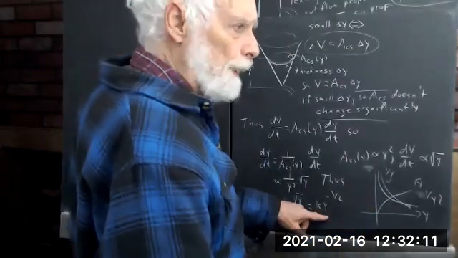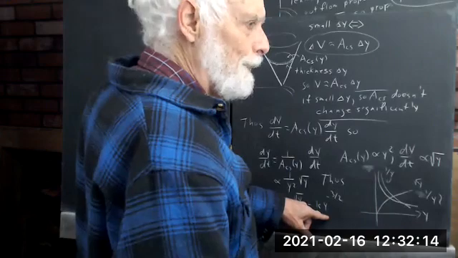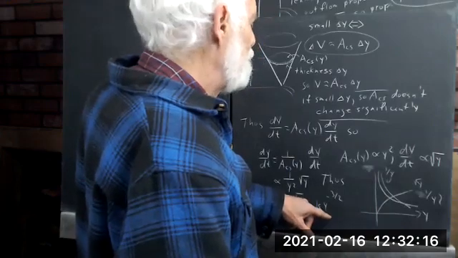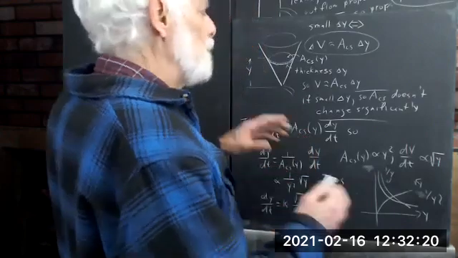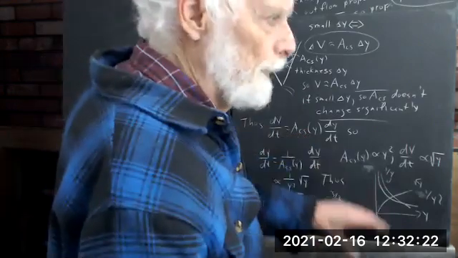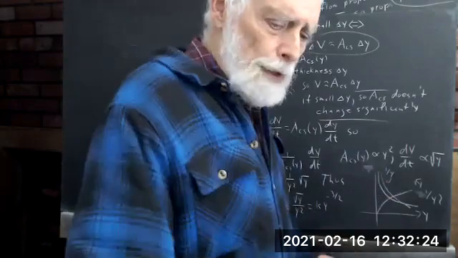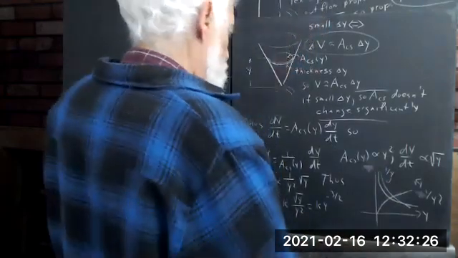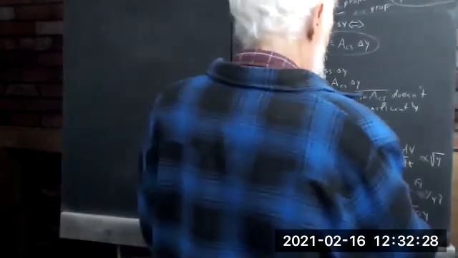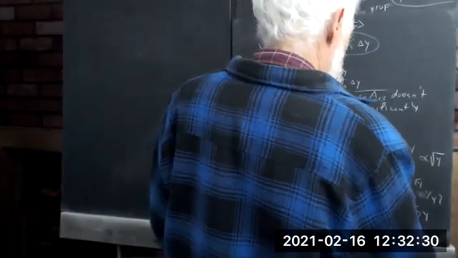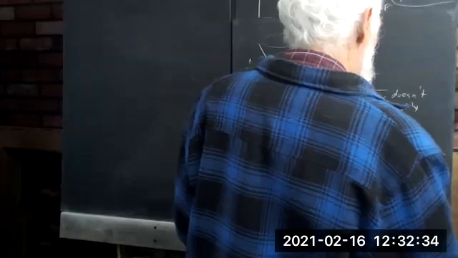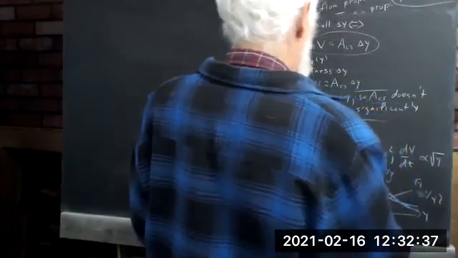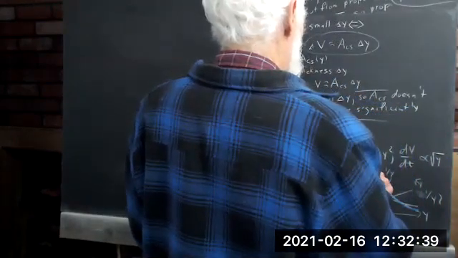And y to the negative 3/2 being between y to the negative 1 and y to the negative 2, your graph of y to the negative 3/2 is going to be somewhere in between these two. So somewhere around here.